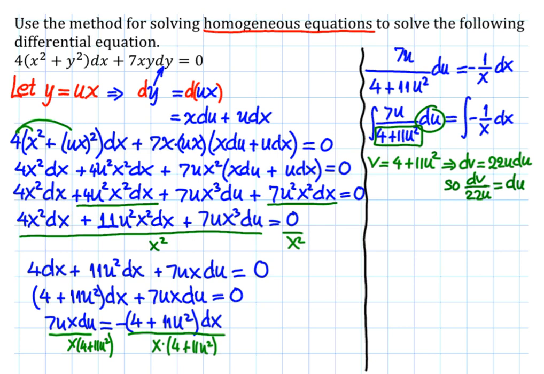All right, substitute that into the integral. We have 7u, that is over v, and du is dv over 22u.